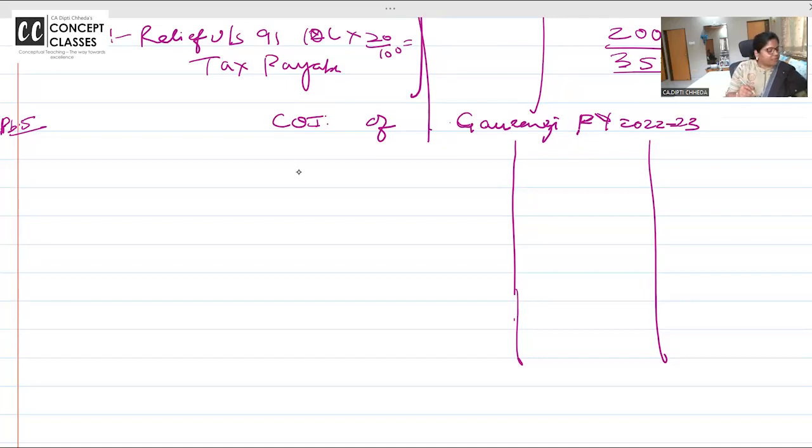Let us start with her income. Again, she is getting income from profession, so the heading is income from profession. Students, are you all getting it? Shall we do it together this time?